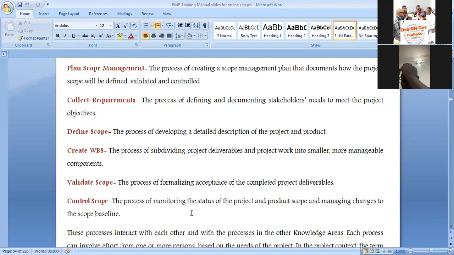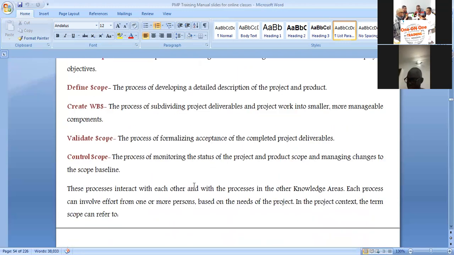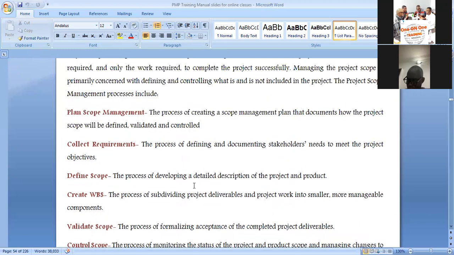Now, before we move on, let me just write these words down so you use it to guide yourself. For project, we are talking about project scope management. Now, under project scope management, we have 6 sub-processes to deal with. Write it down.